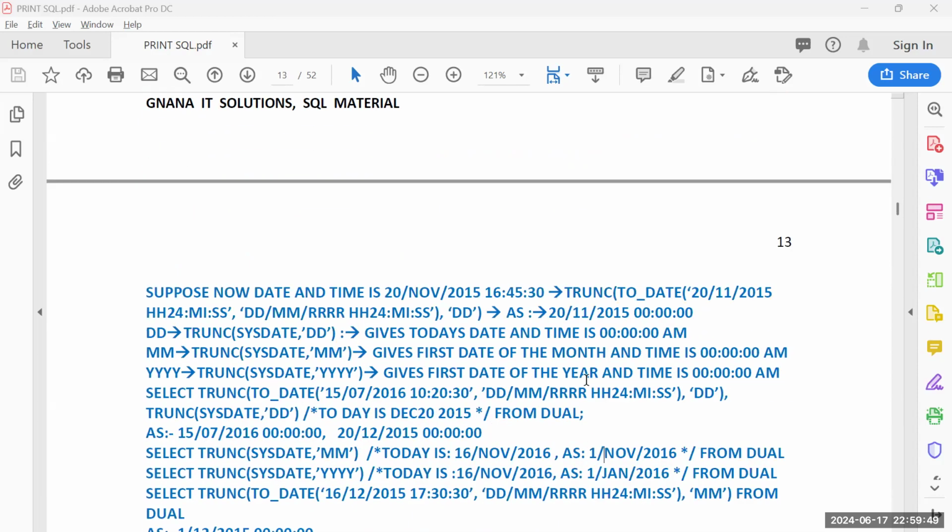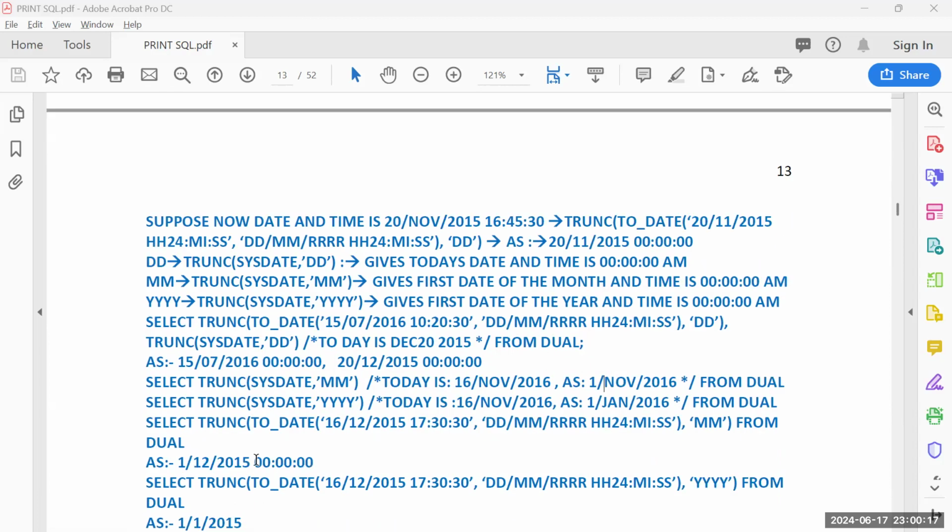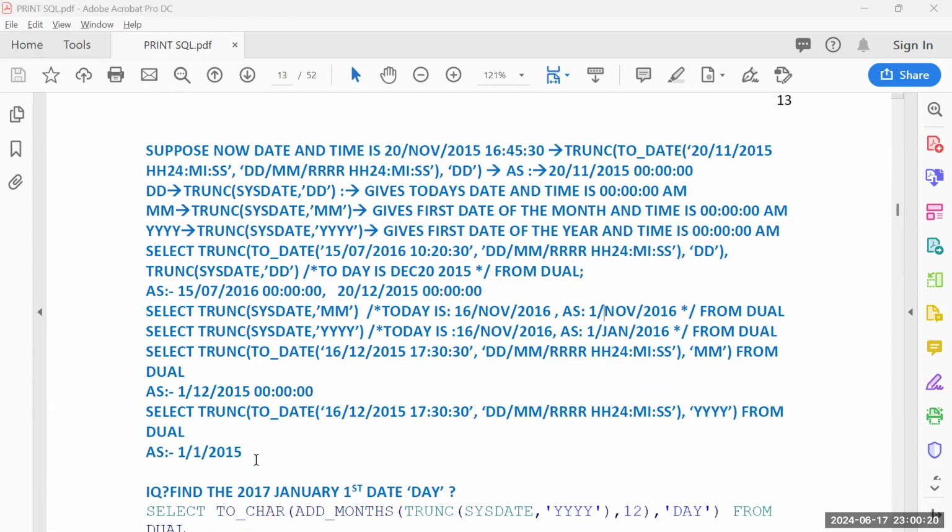If you give D, it gives the week start, that is Sunday. If you give month, truncating the month gives the first date of the month. If you give Y, it is the first day of the year. If you give CC, it is the century starting day. With TRUNC, whatever format we give, it will give like that.